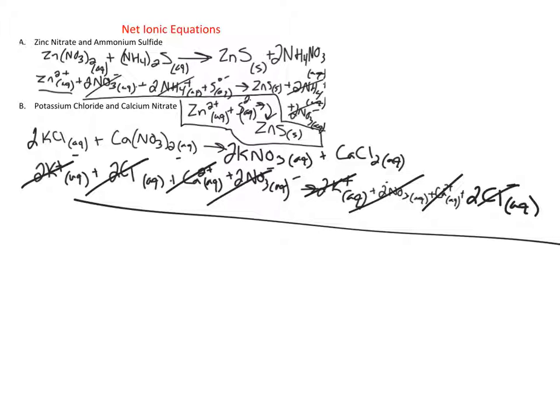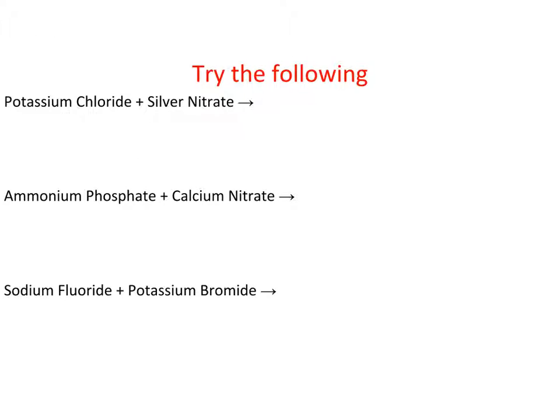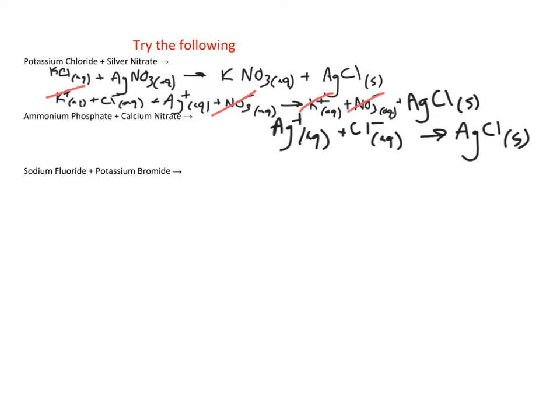So let's let you guys try a couple. Pause the video, try these 3, and then when you come back, I'll run through how to do them. All right, so there's the first one done for you. I wrote out potassium chloride right here, and it would be aqueous according to my solubility rules. Same with silver nitrate, potassium nitrate, and then silver chloride is going to be my solid.